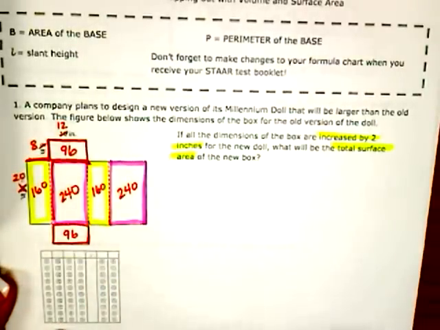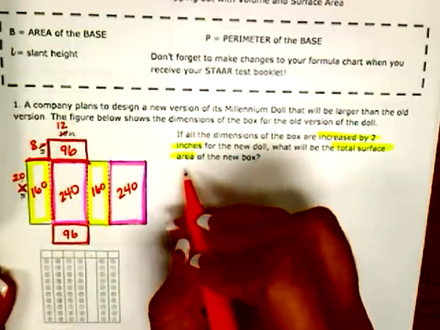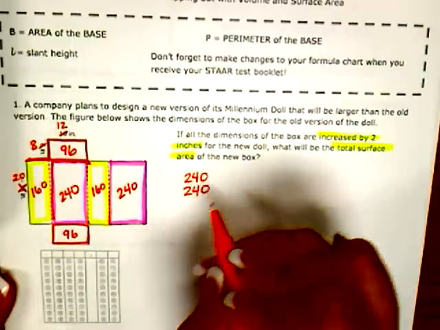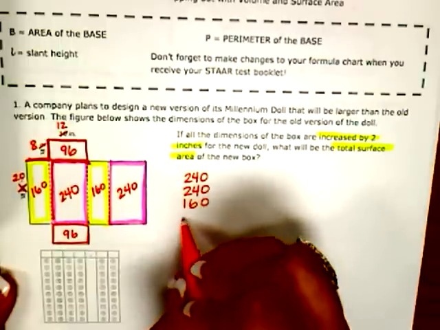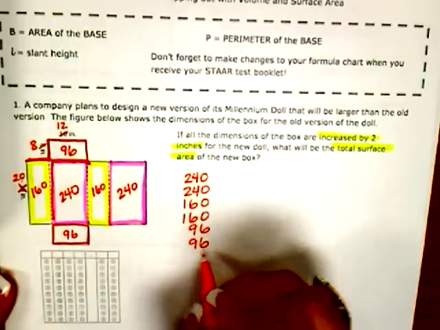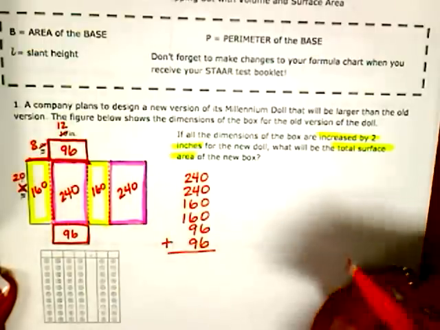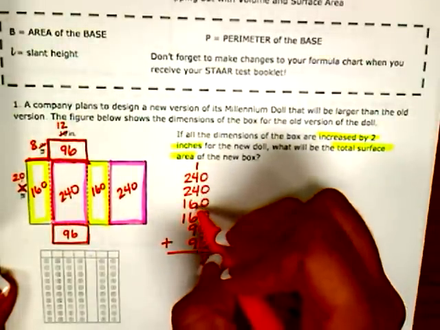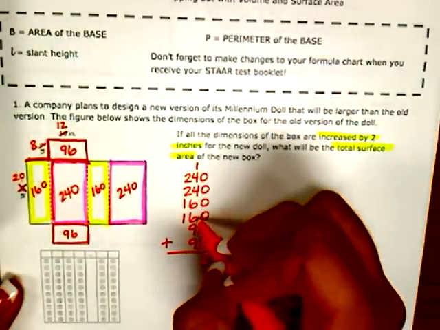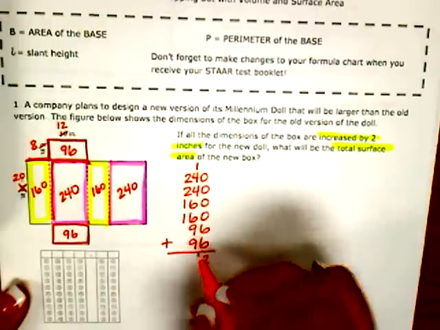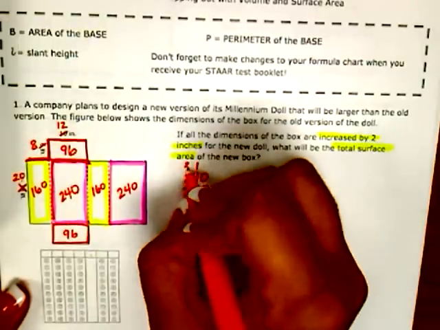So now that I found the area of all of the rectangles, all I'm going to do is add them all up. So 240 plus 240 plus 160 plus 160 plus 96 plus 96. That gives me 12. 9 plus 6 is 15, plus 6 is 21, plus 9 is 30, plus 9 is 39.